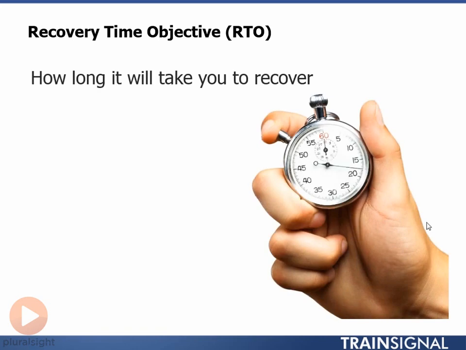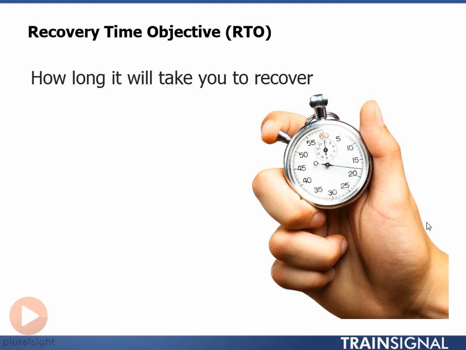For example, although you may have an RPO of 5 minutes for a particular application or service, meaning the business will expect that service to be as it was 5 minutes before the disaster happened, if you have a recovery time objective of 2 hours for that application, this means that it'll be 2 hours after the disaster before the service is available again.